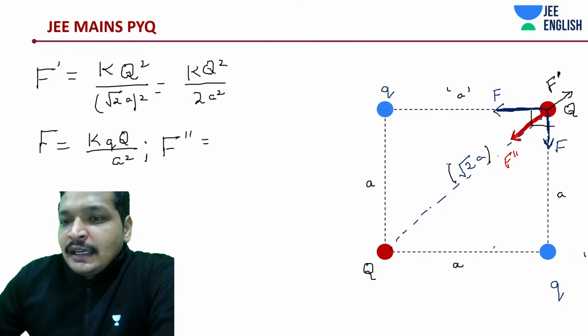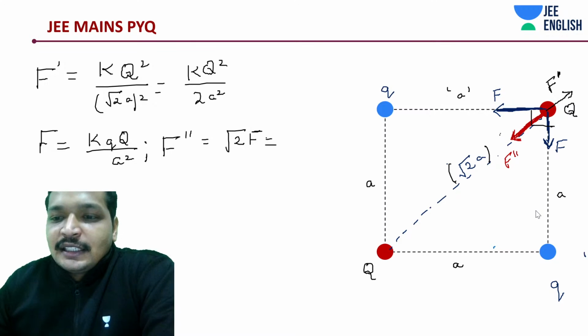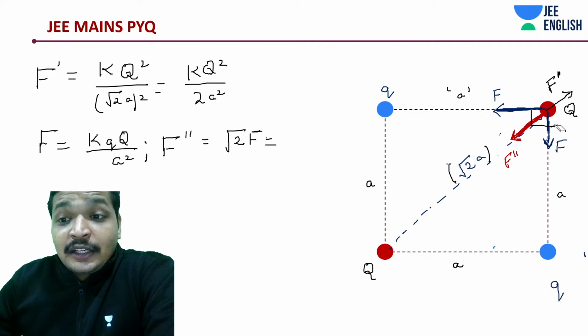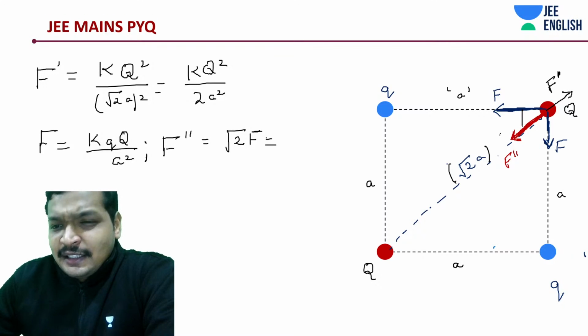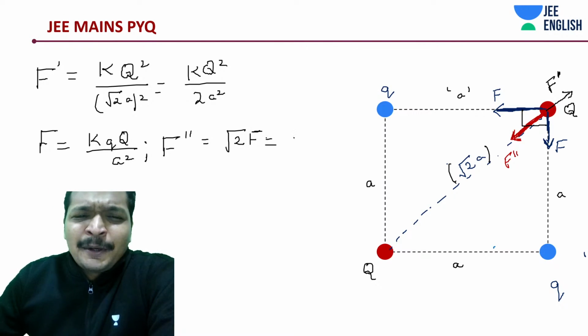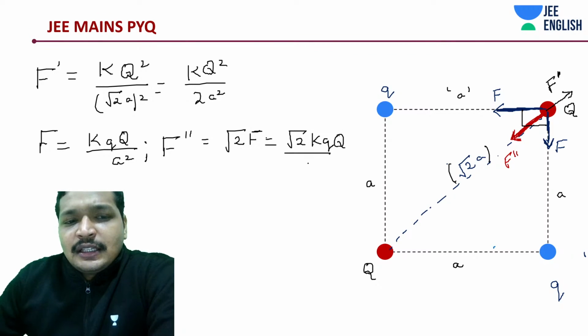F and f at 90 degrees, so root 2. Okay, students, you understood, root 2f. I know it's an easy question, but it could have been even easier if you understood that mathematical thing. It's a simple concept, basically a concept only, to reduce the answer.